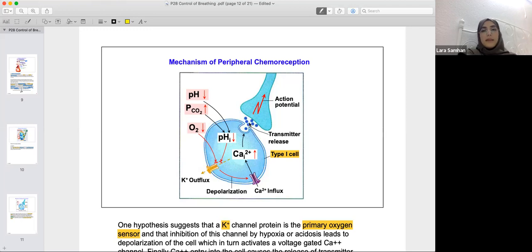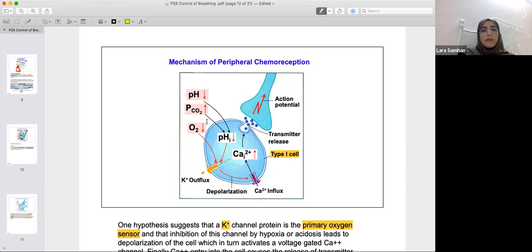The only difference between the normal action potential moving from one nerve to another and this one, from the chemoreceptor type 1 cell to this nerve, is the neurotransmitter. Here, the neurotransmitter is dopamine, compared to the nerves, where we have the acetylcholine neurotransmitter. But in general, all of them have almost exactly the same function. A neurotransmitter is needed for the action potential to move.